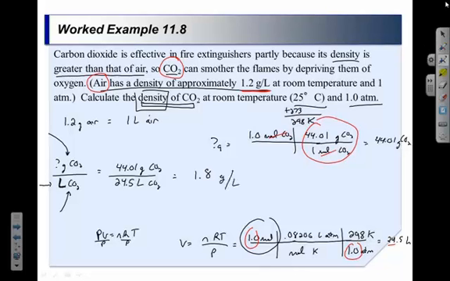So indeed, it is significantly more dense than air. And that big difference in density and the fact that CO2 is not combustible allows it to push the oxygen away from a fire and stay there and kind of hover a little bit without rising up through the air easily, and it helps to put out the fire.